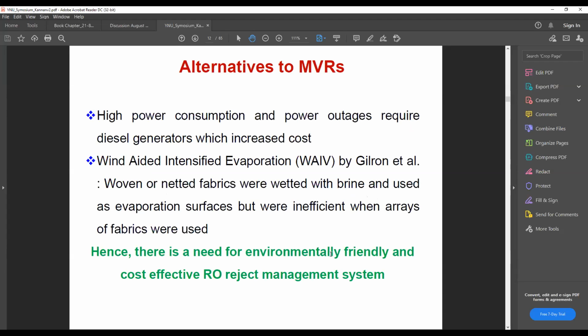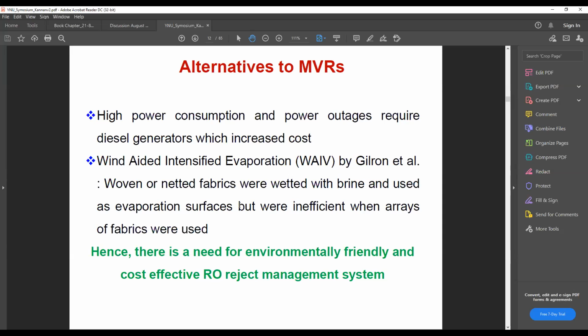One idea which we got was from the wind-aided intensified evaporation by Gilron et al. They used fabrics in order to evaporate the concentrated TDS solution. This fabric, when used in isolation, had very good performance.